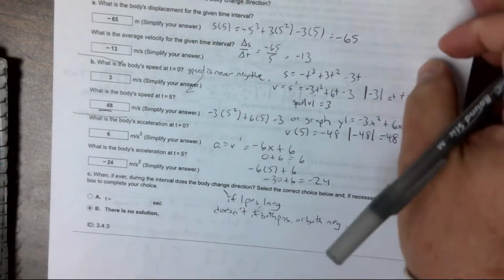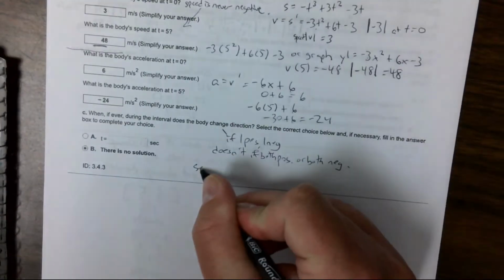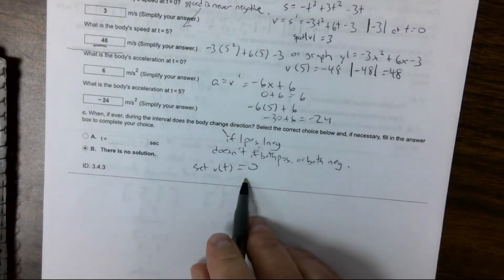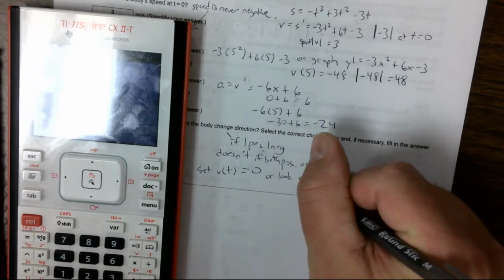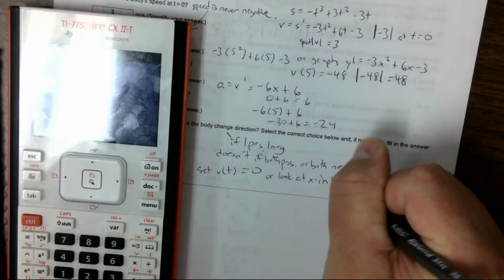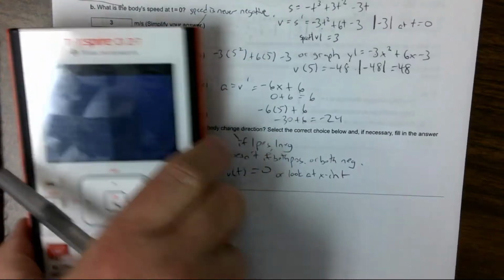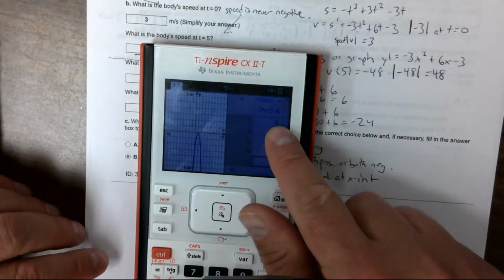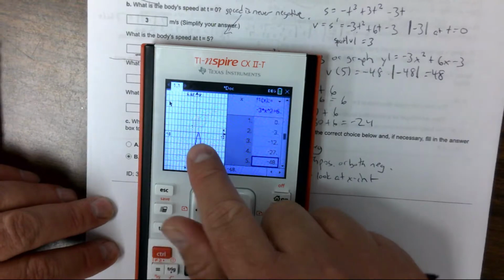So what we need to do is first set v of t equal to 0, and basically you could say, or look at the x-intercept, because we did graph it earlier, and so I can see from the table one of them's at 1. I guess that's the only one. Yeah.